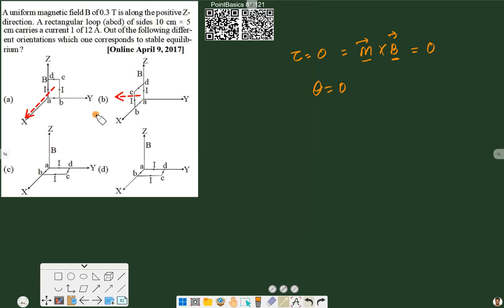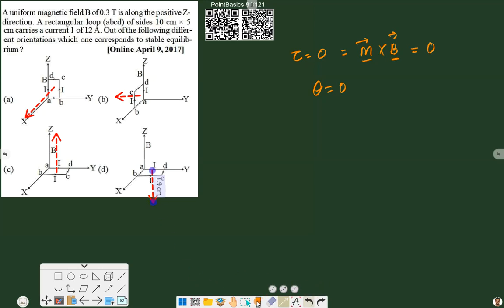You can use your right hand and rotate the fingers such that your fingers go into the screen, so your thumb will point in the negative y direction. And here in option C, the magnetic dipole moment will be in the upward direction, so in the positive z direction, and in option D it will be in the negative y direction.